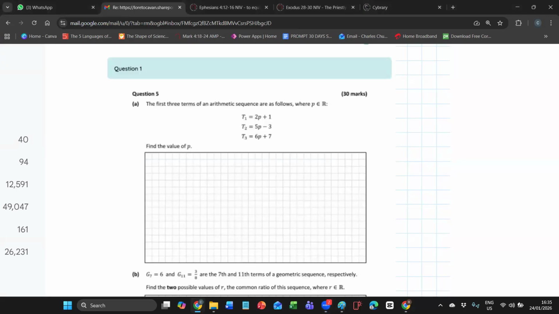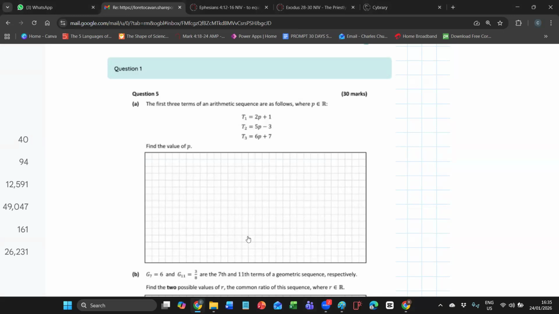This one is question 5. The first three terms of an arithmetic sequence are as follows, where P is an element of real numbers.